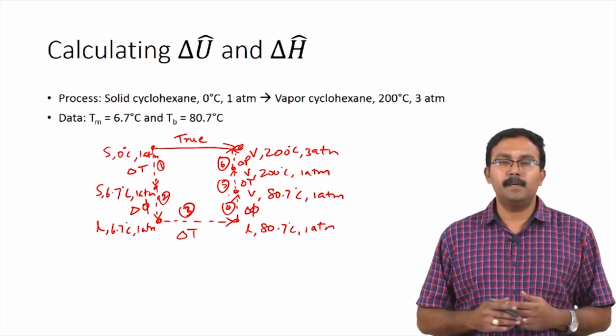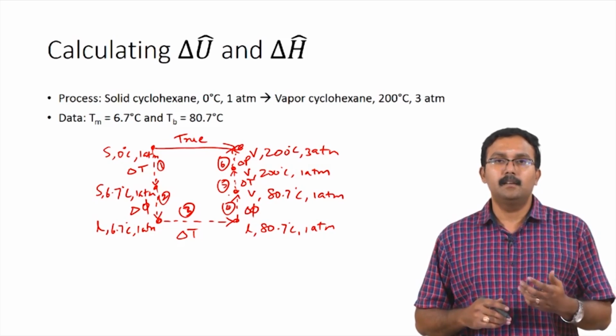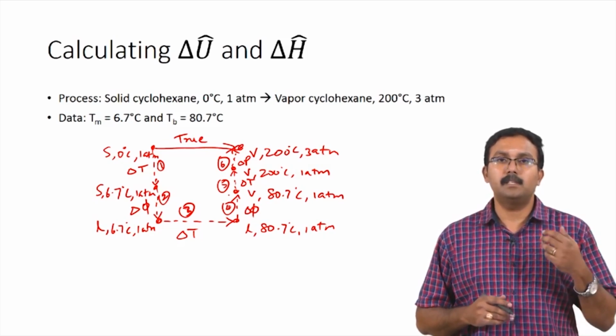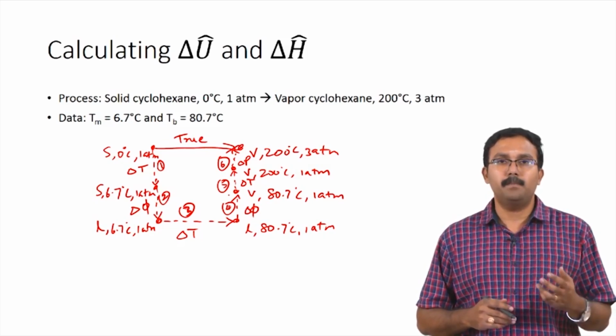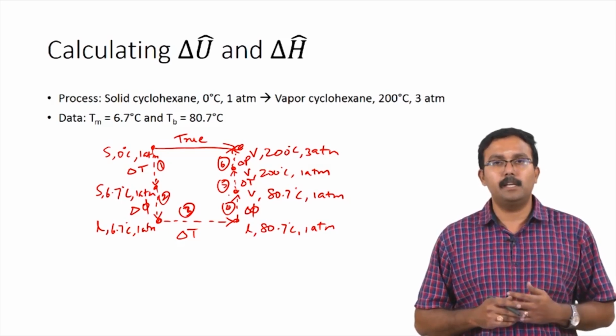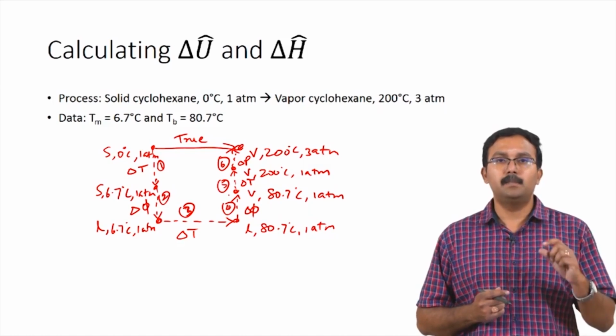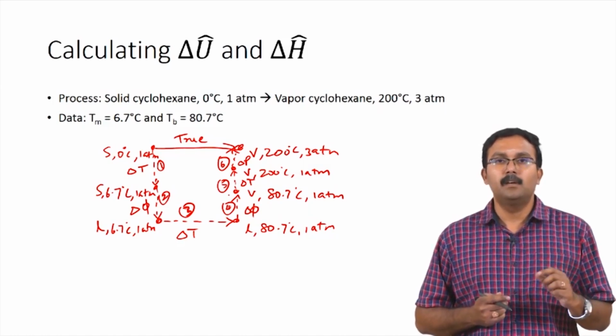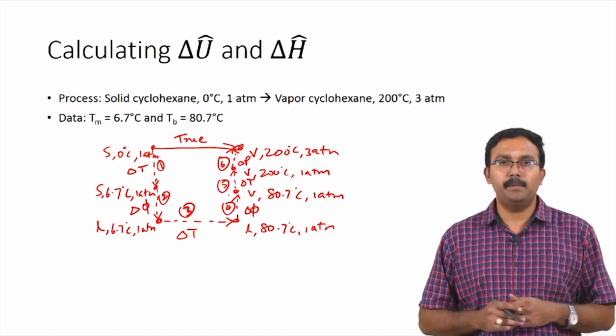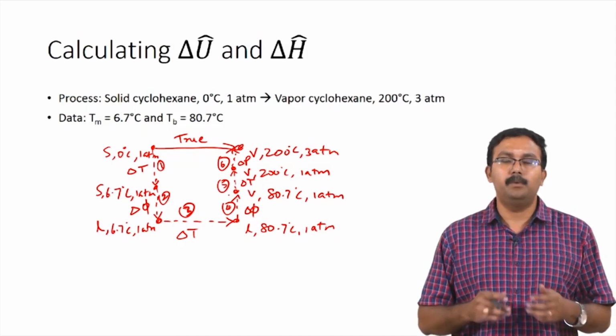The last step is a change in pressure, from 1 atmosphere to 3 atmospheres. If you assume ideal gas behavior, this change in pressure would not cause any change in enthalpy or internal energy. So, that would be 0.